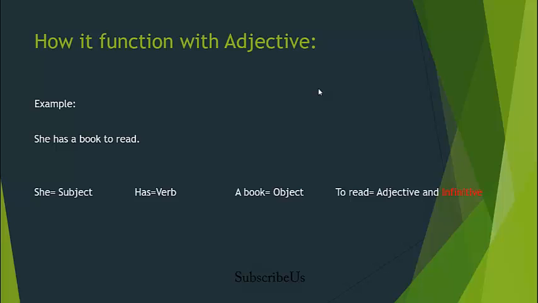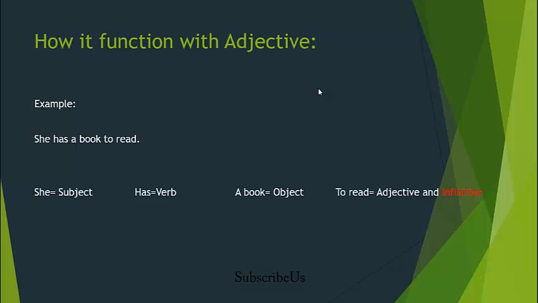What is a noun? Noun is the name of anything, place, or person, and book is the name of a thing. So it is qualifying a noun. Here a book is a noun and it is being qualified and talked about. As she has a book, book is a noun, to read, to study.